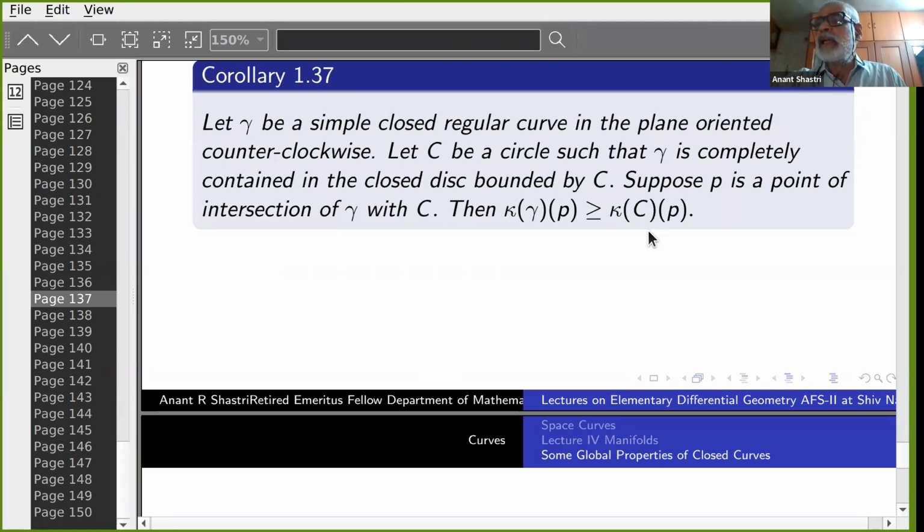If you look at the graph of the circle and the graph of the curve, the function which defines the graph of the curve is always bigger than the function which defines the circle. The y coordinate is bigger than the y coordinate of the circle, and that is how it will be inside the circle.